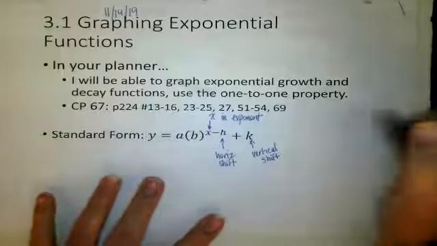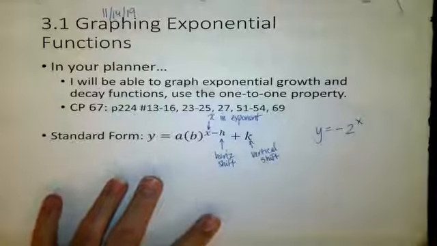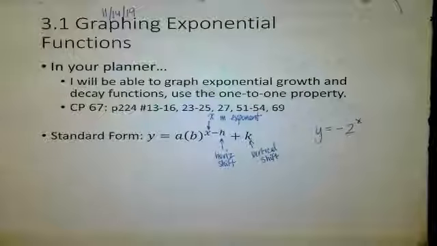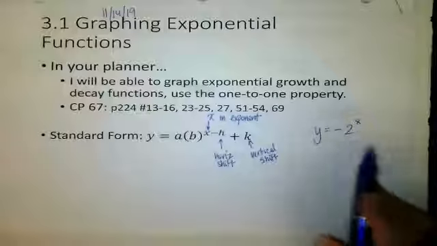But I have a question for you. If I have negative 2 to the x, that's a very simple exponential function. What is the value of the b? What is the b? It is 2. The b is 2.